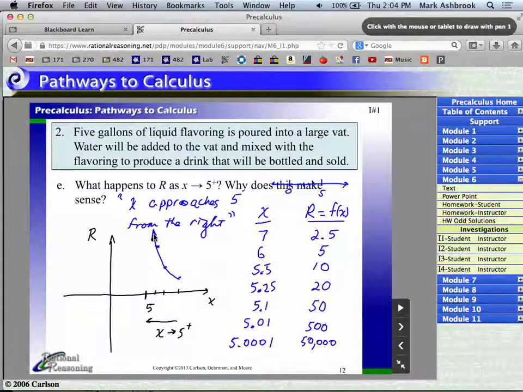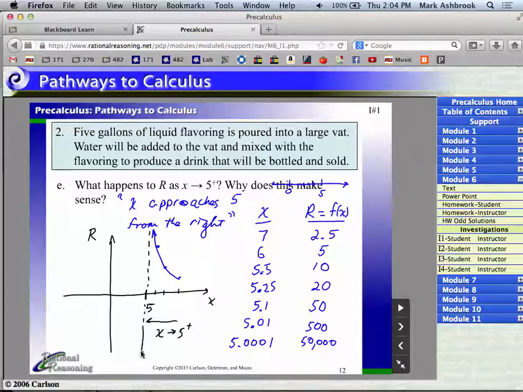And so we can't plug 5 into this function. As we get closer and closer to 5, we see this value of the ratio shooting up as high as we want. With a small enough amount of water, we can get any ratio to infinity.